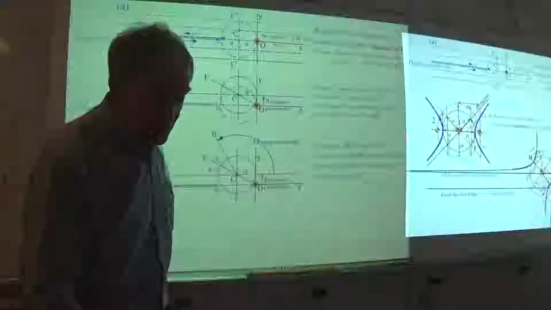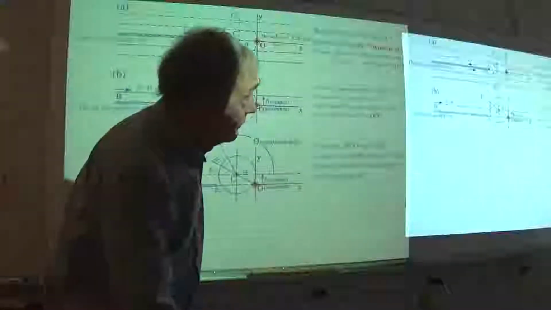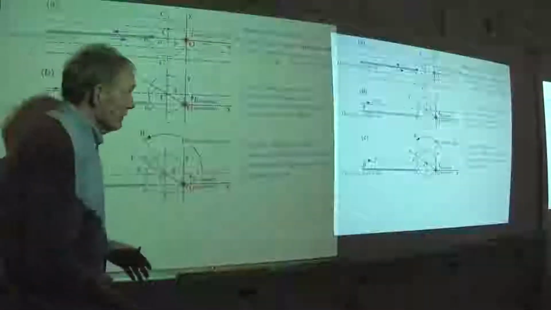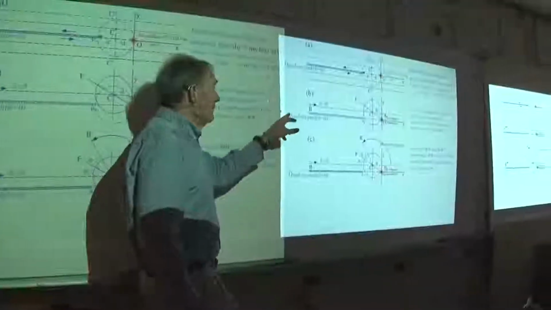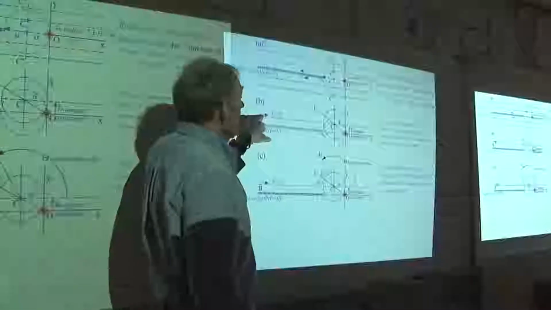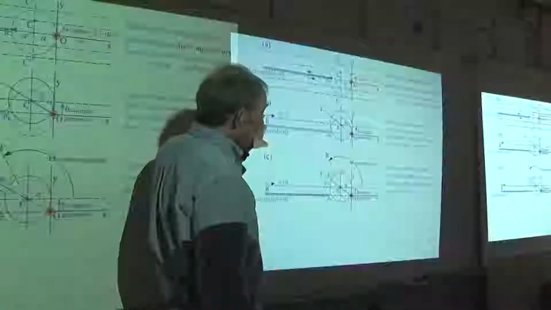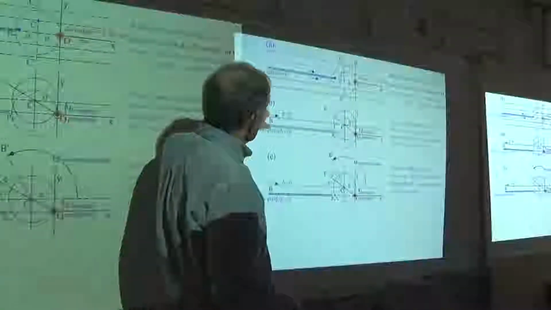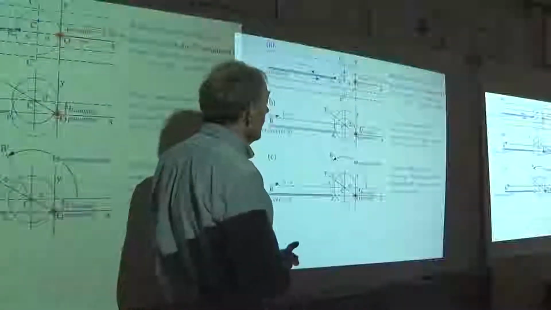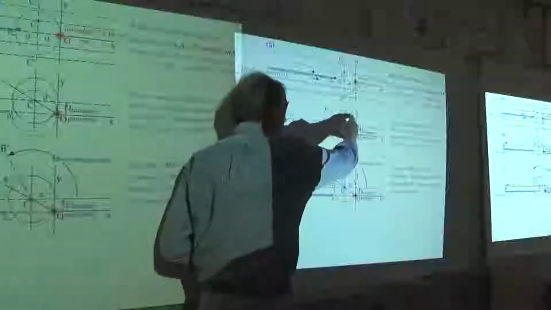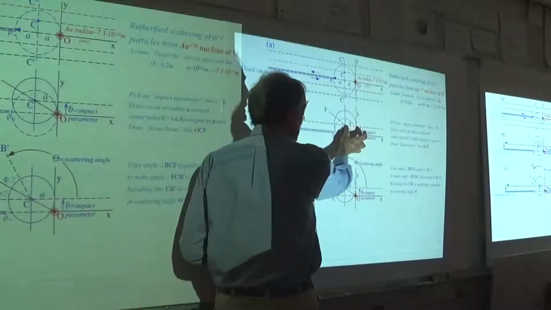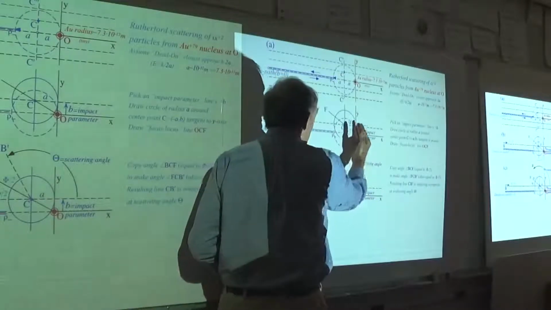So let's get this on all screens here so we can talk about it. The basic idea is that if you want to find out what's going to happen to the alpha particle that's on impact parameter B equal a unit, or any of the higher ones, it's just a matter of drawing a circle at the radius A away from the vertical.